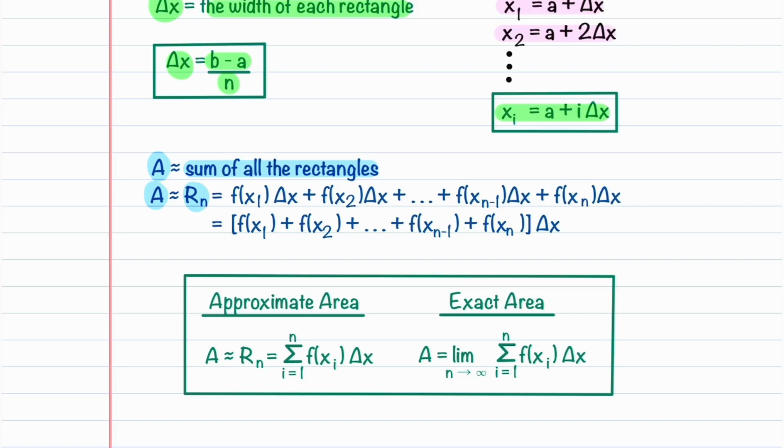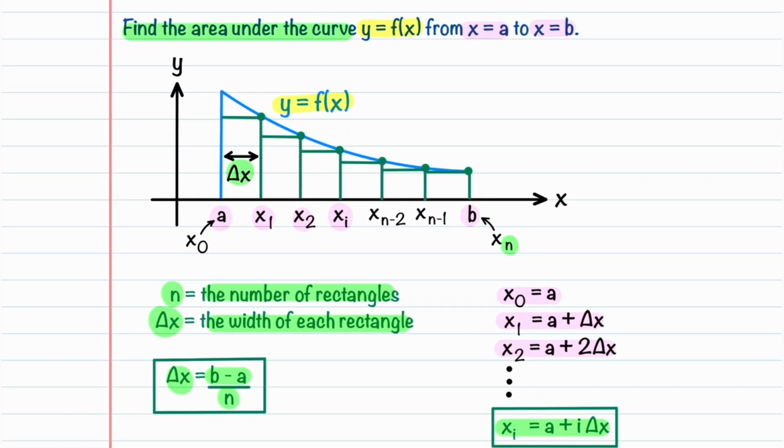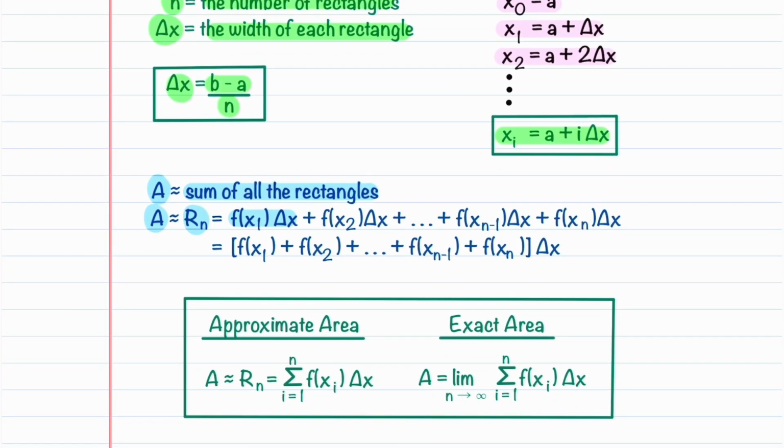Our formula then is f of x1 times delta x. Let's go back up here. That's just this height right here. That's f of x sub 1, and then our width is delta x. And then we have the same thing, f of x2 times delta x, all the way up through f of x sub n times delta x.